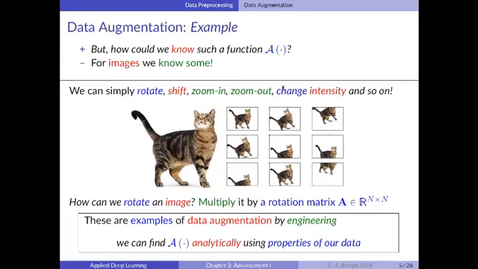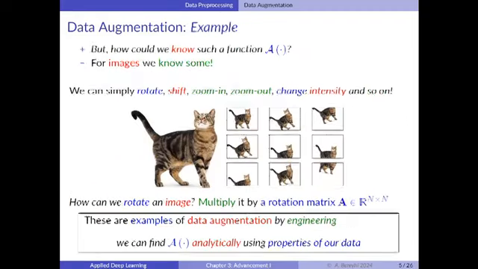We can zoom in, zoom out, change intensity, rotate, for example blur. Lots of things can be done here.